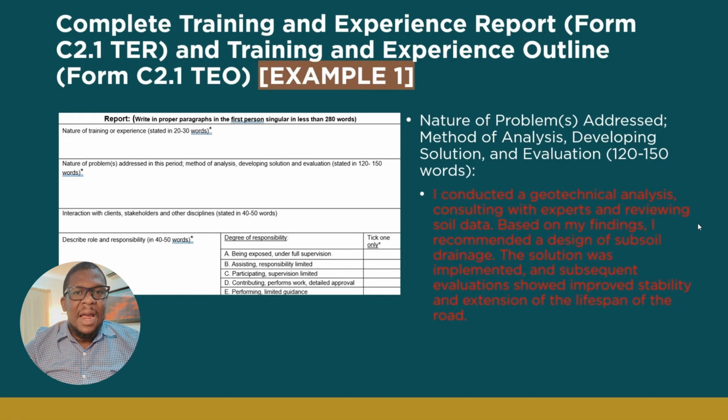Based on my findings, I recommended a design of a subsoil drain. This solution was implemented, and subsequent evaluation showed an improvement and extension of the lifespan of the road. That is the method you followed and how you evaluated your solution.